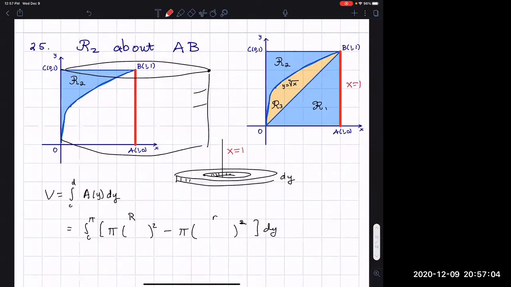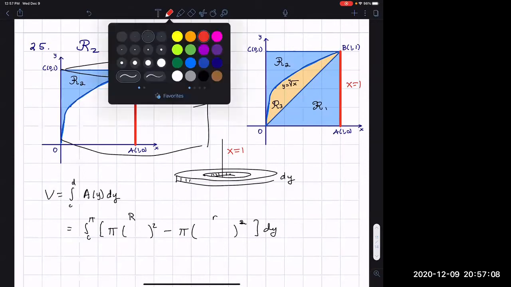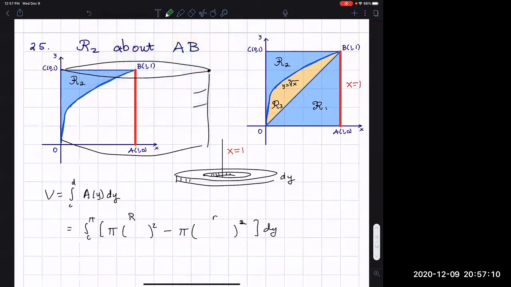So what is the radius then? The radius will be the distance between the line x equals 1 and, well, on the left here, x equals 0. So we can see the larger radius is 1 minus 0.